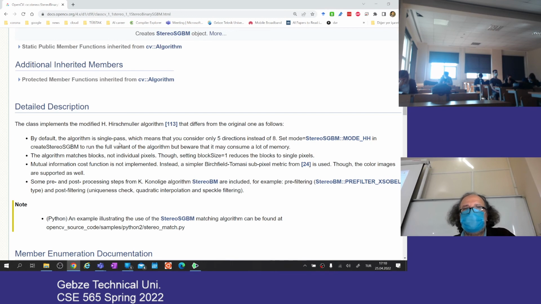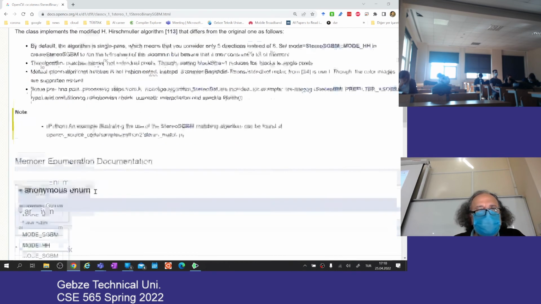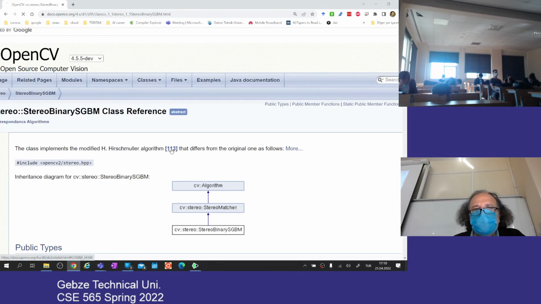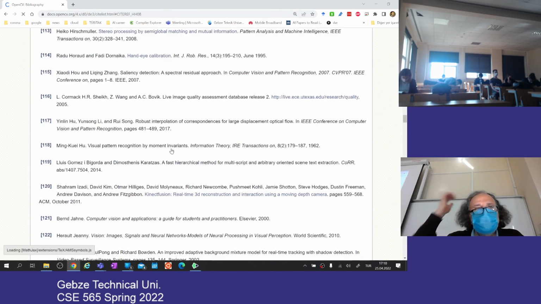Single pass consists of the 5 directions of 8 blocks, not individual pixels. I don't remember this either. I don't remember this paper. It is 115, right? Was it 115?